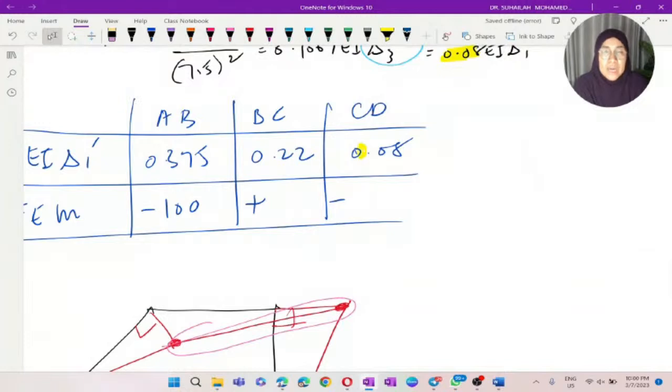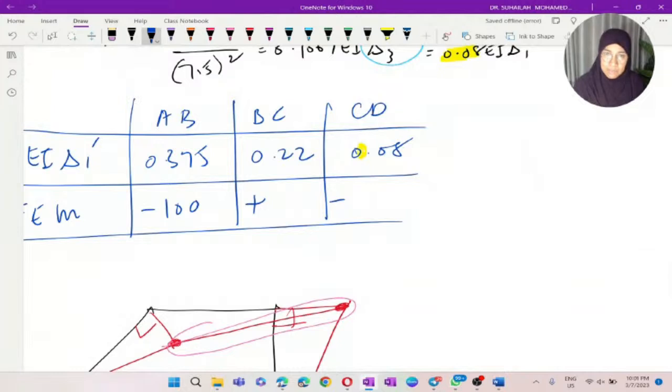And please remember, the columns AB and CD both have the same sign. And for the beam BC, it is the opposite direction. So we interpolate to get the FEM for BC and CD, calculated proportional with 0.22. It is 0.22 divided by 0.375 times 100, and the value is 58.667.